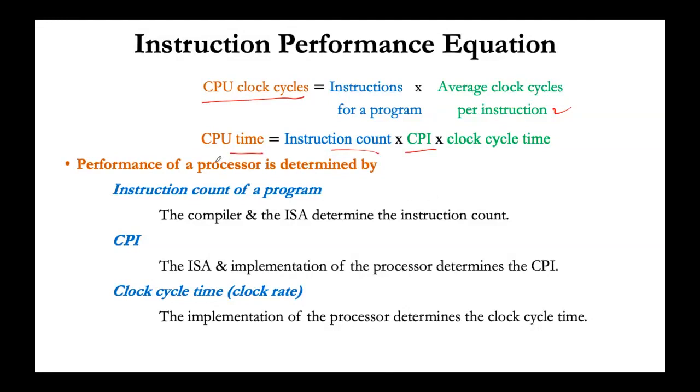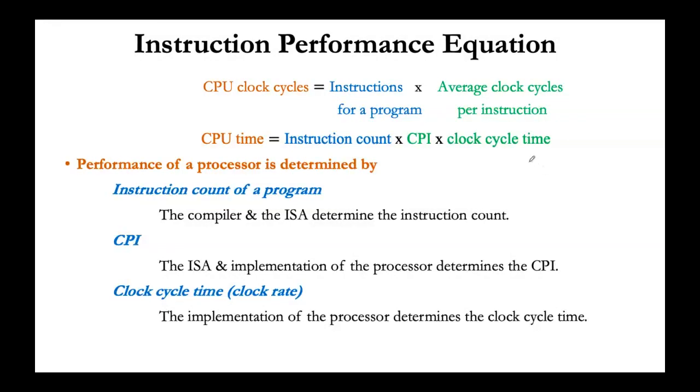So the performance of a processor is determined by the instruction count of a program, which the compiler and the instruction set architecture determine, and then the CPI, that is the cycles per instruction.